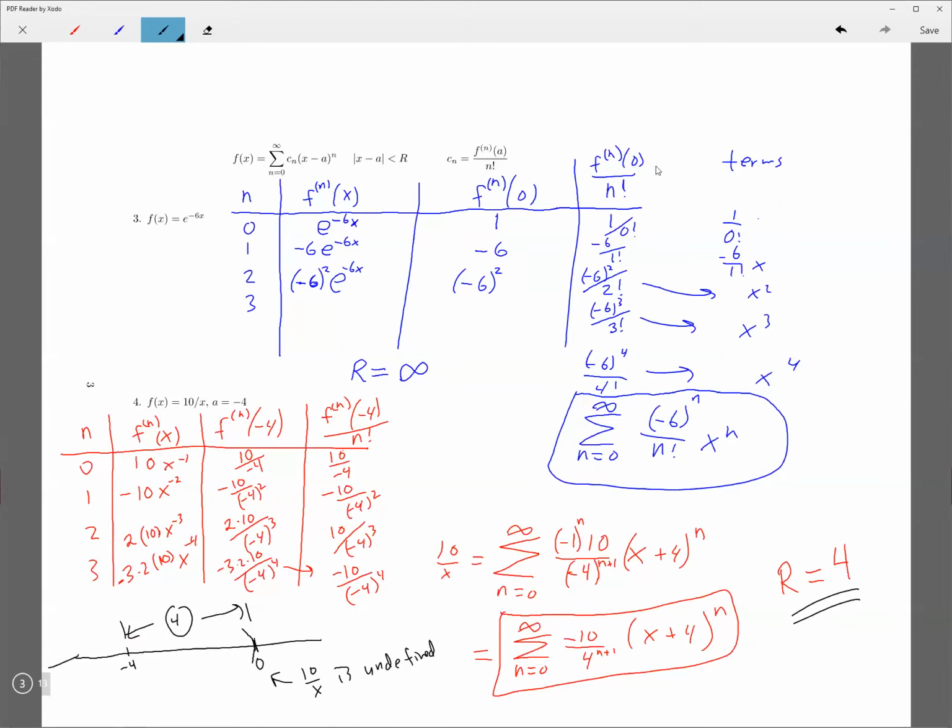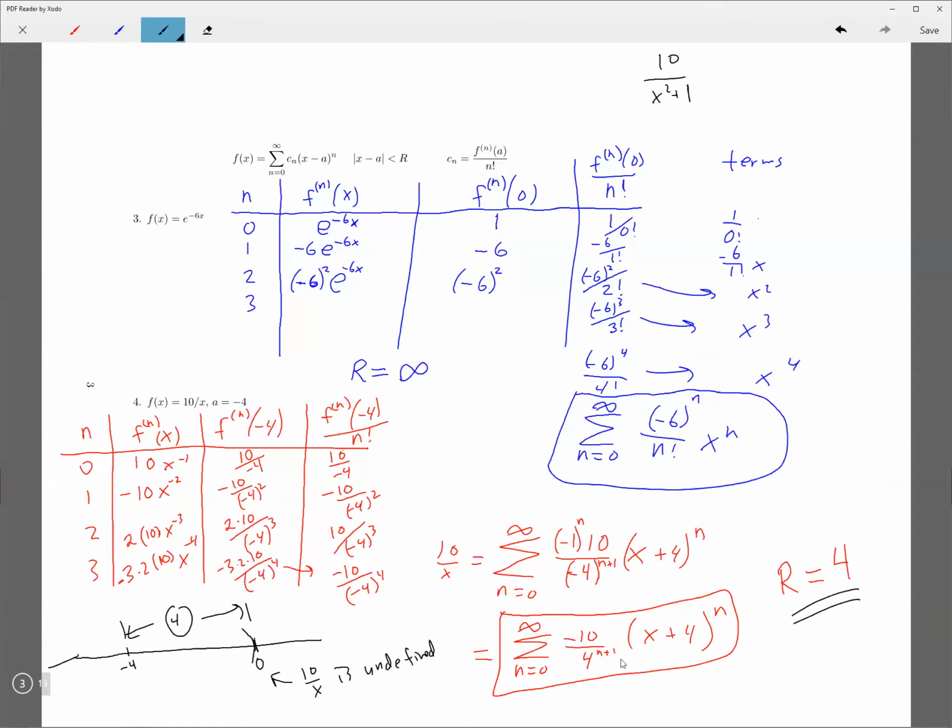It would be the case if it was like 10 divided by x squared plus 1, where i and negative i make the denominator 0. So the distance between whatever point you're centered at and i or negative i would be the radius of convergence.